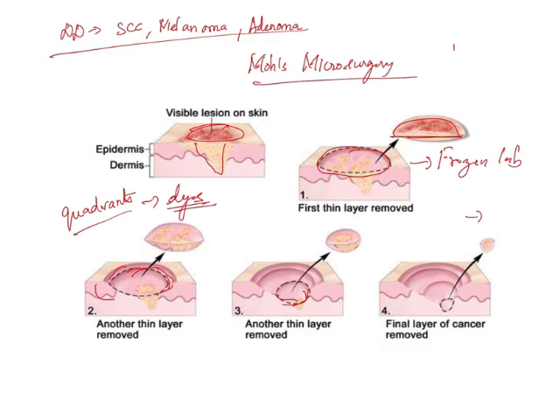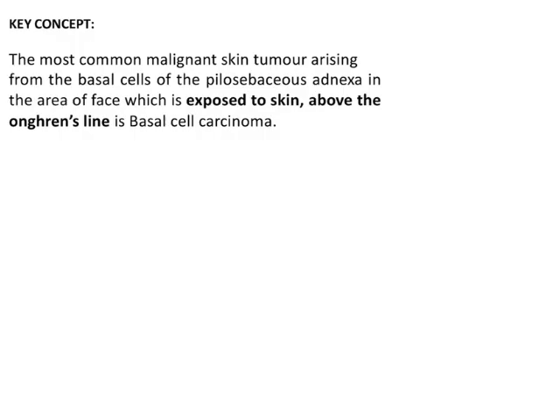Because Mohs surgery removes only tissue containing cancer, the main plus point is that you conserve the healthy tissues, right? You conserve the healthy tissues. So BCC's most popular surgery is Mohs microsurgery. If they ask the recent popular surgical technique for BCC or SCC, you have to go for the Mohs microsurgical procedure.